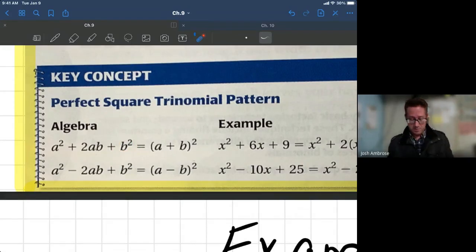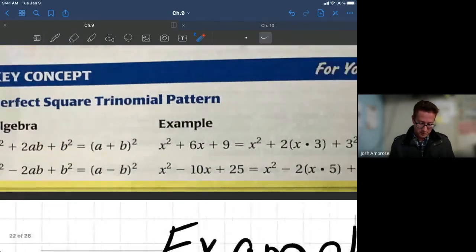It's the third term. And this second sign must be plus. If it fits those parameters, it is a perfect square trinomial. Again, first term, perfect. Third term, perfect. And the second sign must be plus.